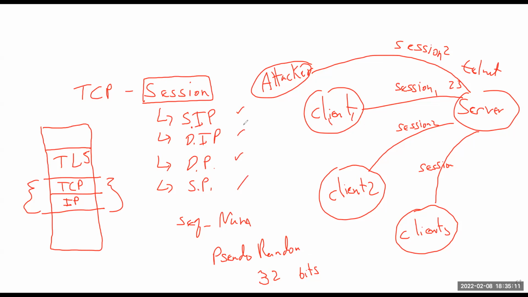But this won't be accepted immediately. For a packet to be accepted, one critical condition needs to be satisfied, and that's basically what I said, the TCP sequence number.